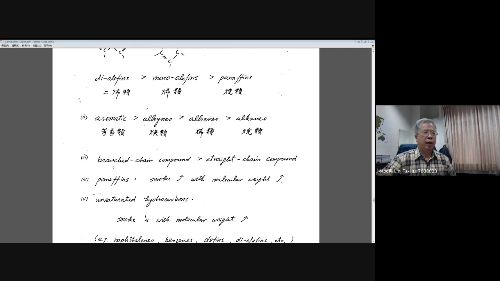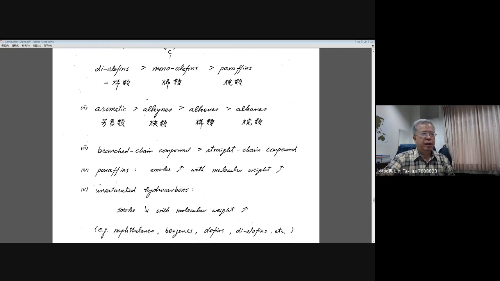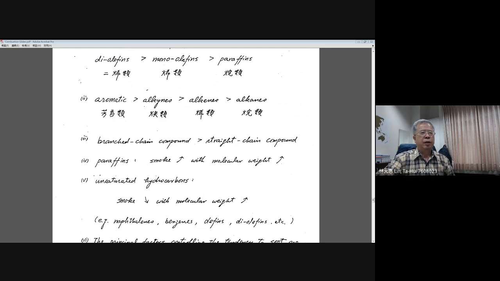You quite understand, because when you have a branched chain compound, it means the chemical reaction is very fast. The chemical reaction rate is fast. When you have this fast chemical reaction, they can release the carbon easily from the original hydrocarbon fuel. And for the paraffins, you can see if you increase your molecular weight, then the smoke will increase. This is caused by the paraffin being a single chain, right?